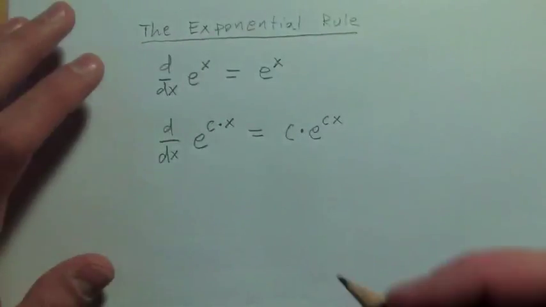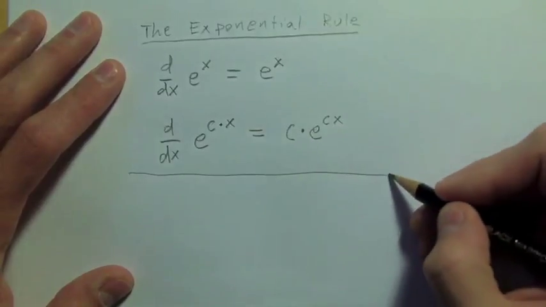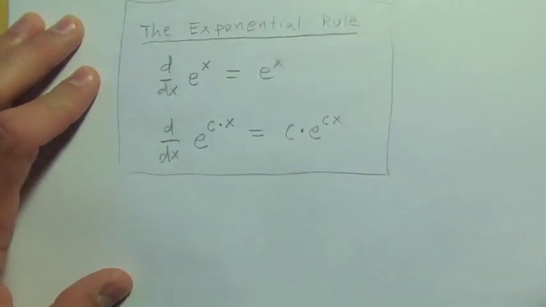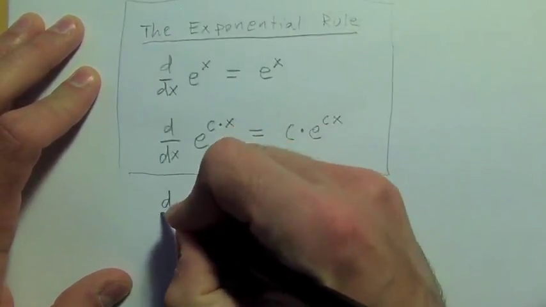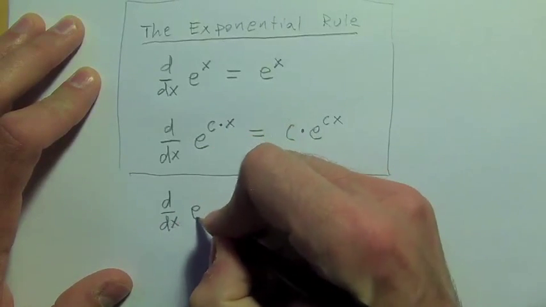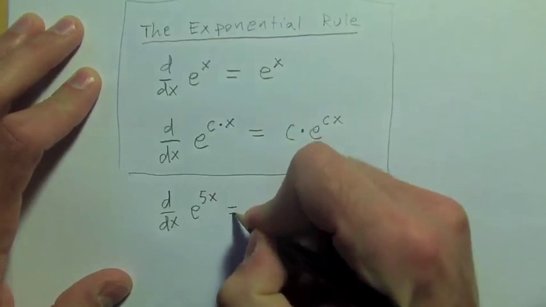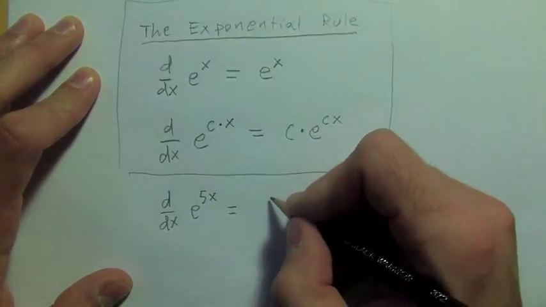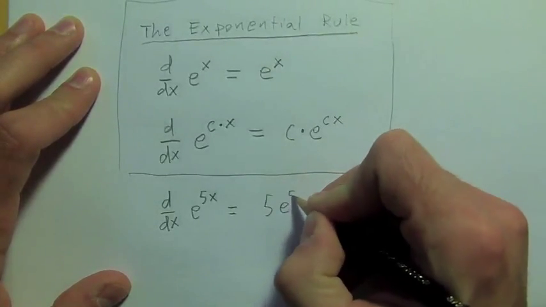This is the rule here. What that means is if I take the derivative of e to the 5x, that ends up being 5e to the 5x.